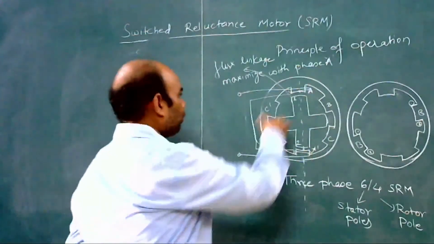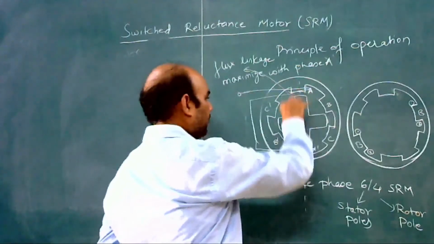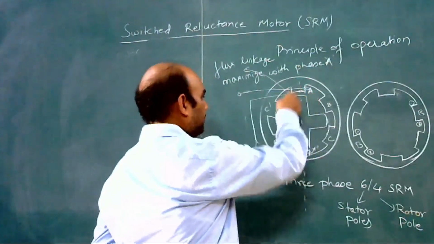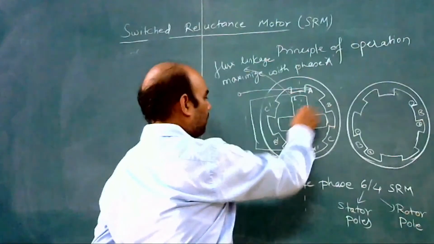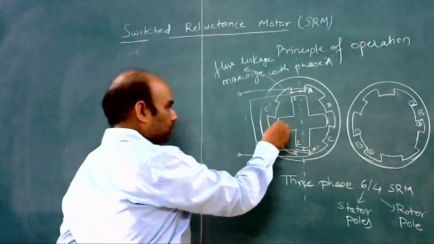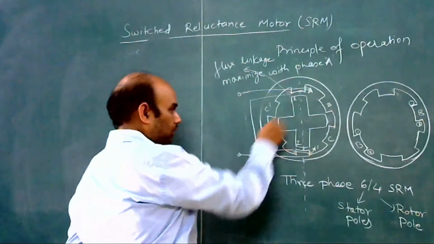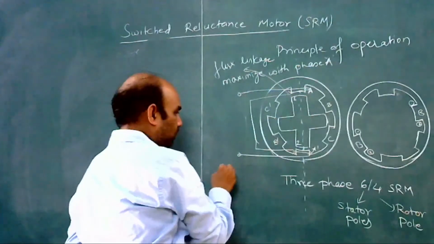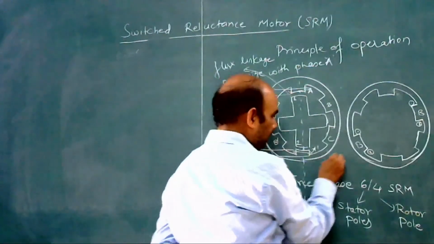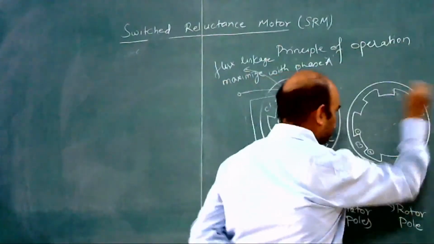The rotor will rotate such that it has maximum flux linkage, and it will try to align in this axis.